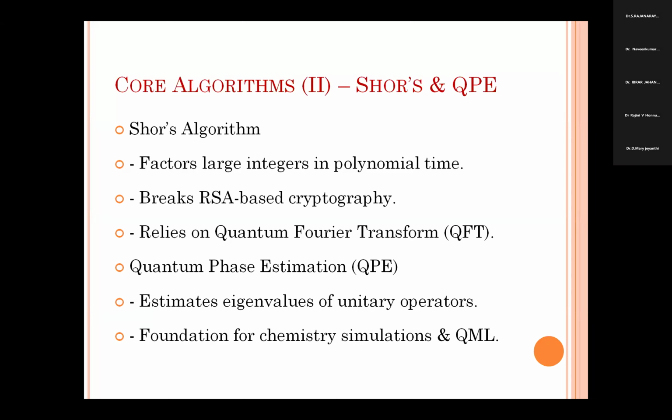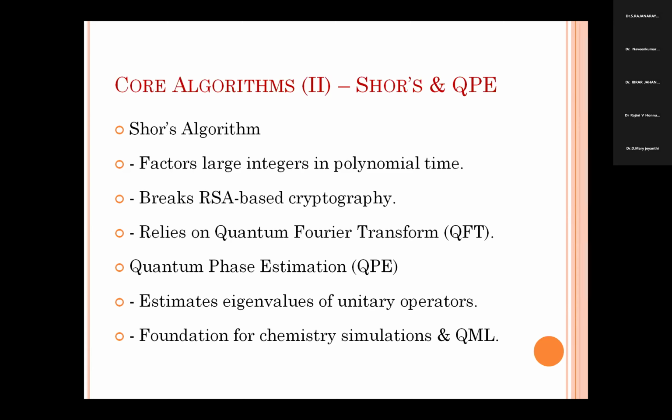Once again, I am clarifying that it is a quantum algorithm for integer factorization, factoring large numbers and breaking classical crypto systems like RSA.